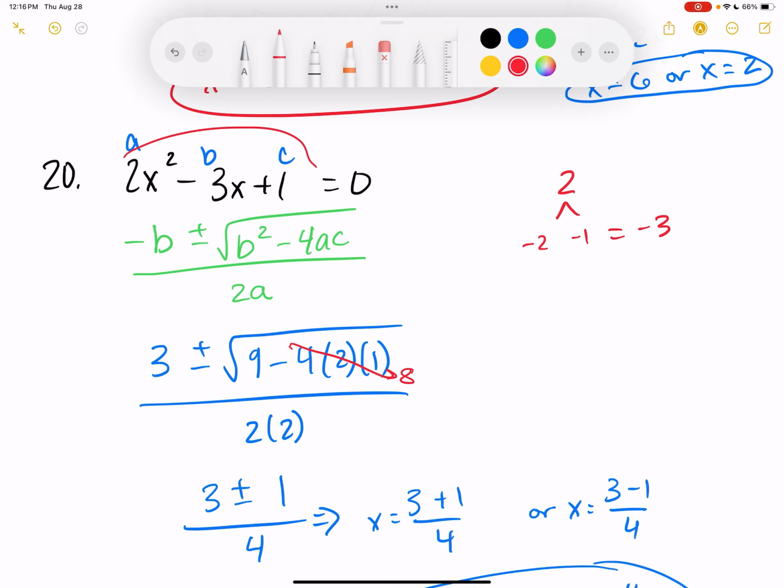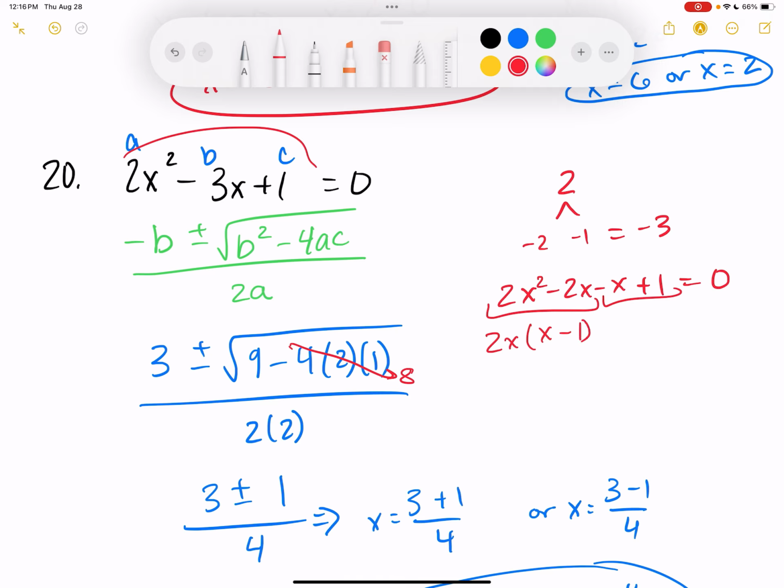If we factored it, would it be 2x minus 1, x minus 1? Yeah, if we were to factor. I'll show the work. 2x squared minus 2x minus x. So then we would take out the greatest common factor. So 2x would leave us, oh wait, this is squared, with an x minus 1.